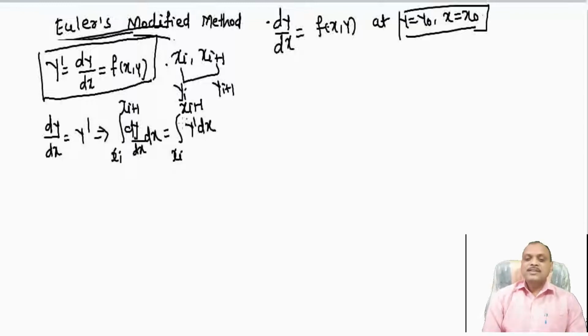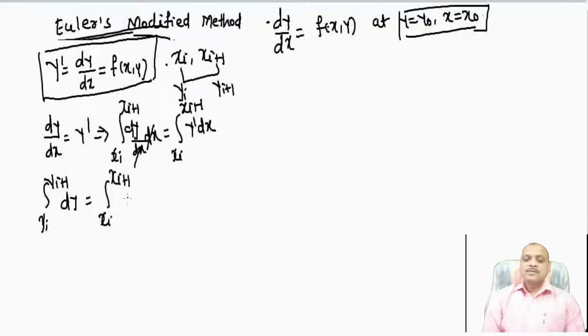So dx will be cancelled and we get dy. The integration is converted into y, and when it is converted into y, the limits will be changed. So we get the integration from yi to yi plus 1 of dy equals the integration from xi to xi plus 1 of y dash dx.